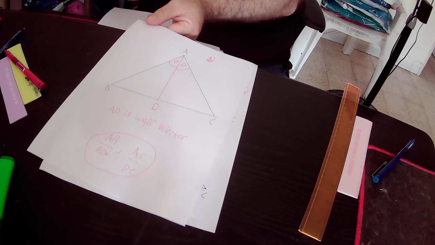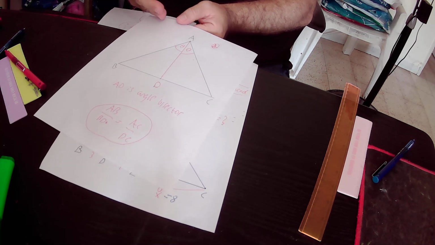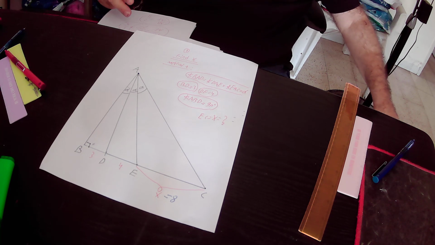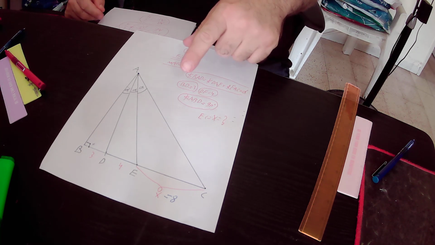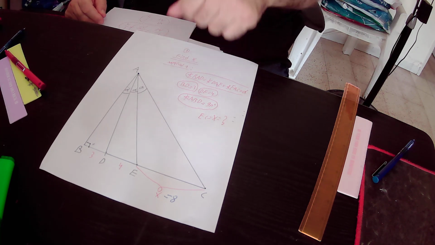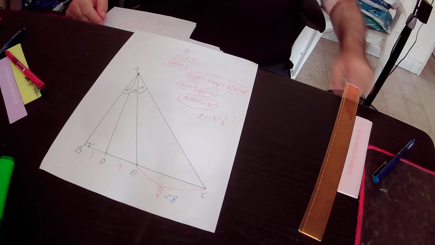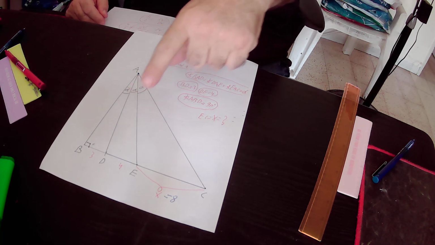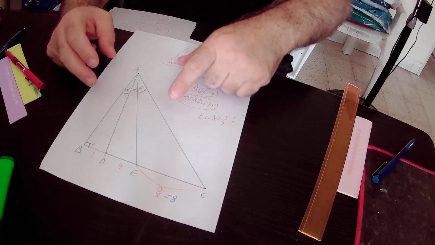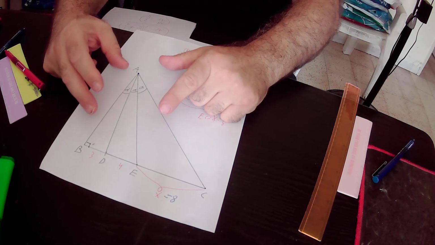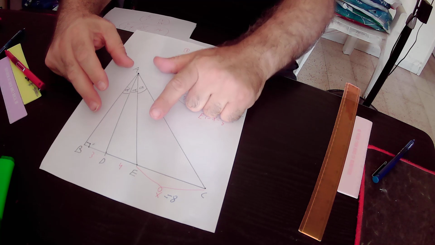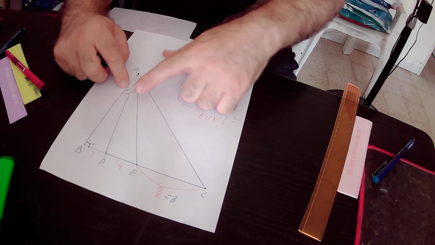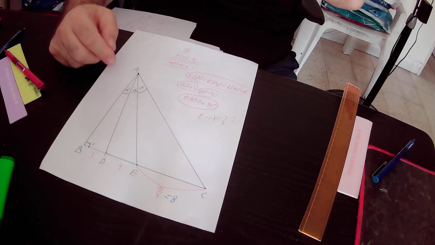So we can implement the rule of angle bisector in our drawing, because if we focus on triangle BAE, we know that AD is an angle bisector. Why is AD an angle bisector in triangle BAE? Because it divides angle BAE into two equal parts, alpha and alpha. Therefore AD is an angle bisector.